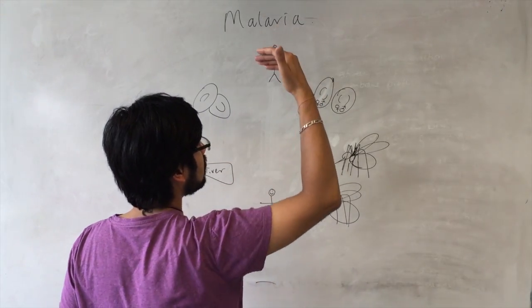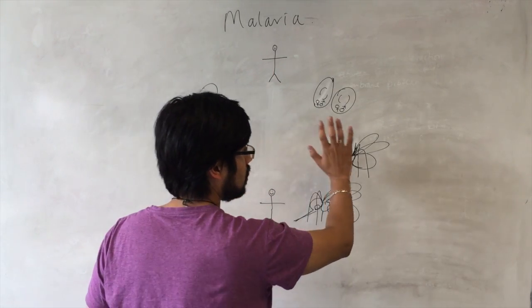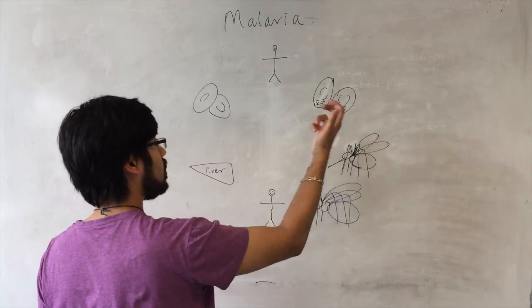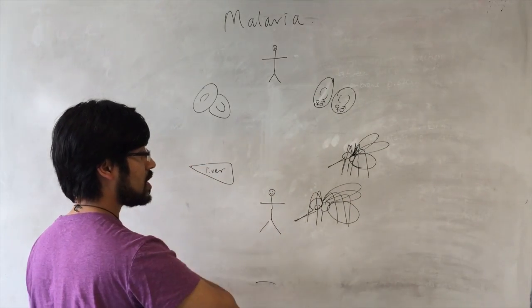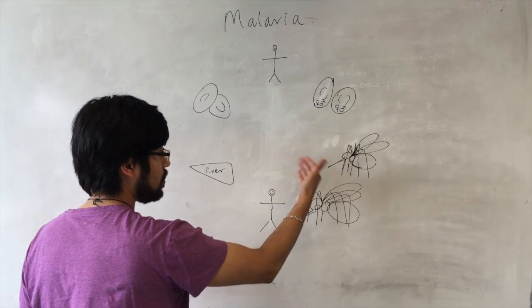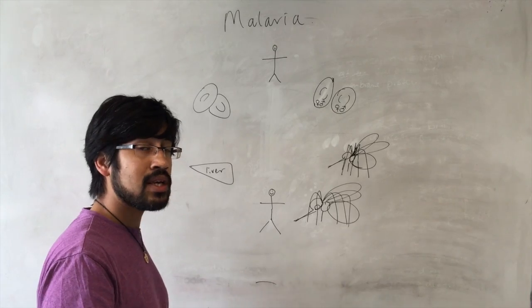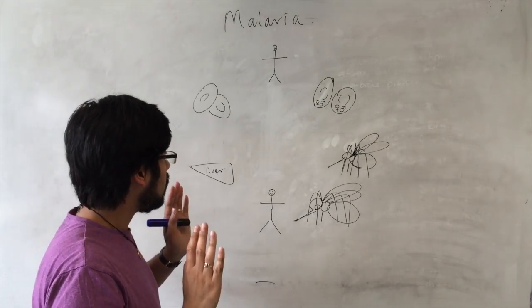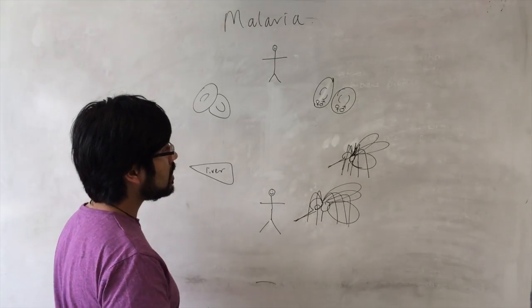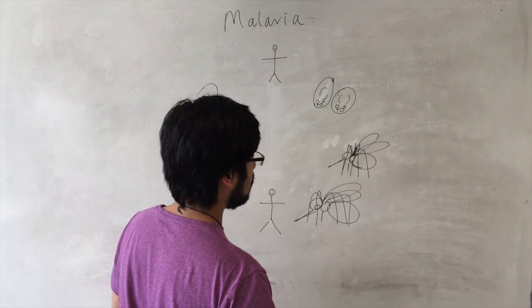Mosquito bites an infected person, takes up the pathogen into its own body, and then when it bites a second uninfected person, the pathogen passes into person B. At its very basic, that's the idea. If you want to look in a little bit more detail, that can also be done, all right?